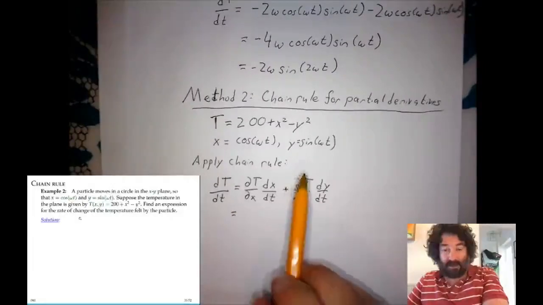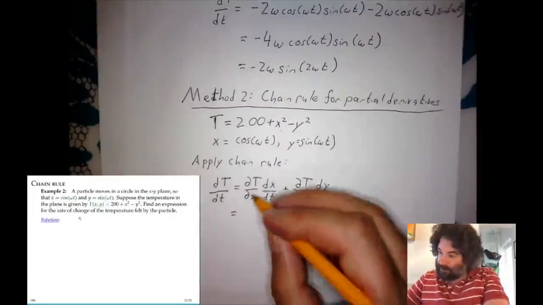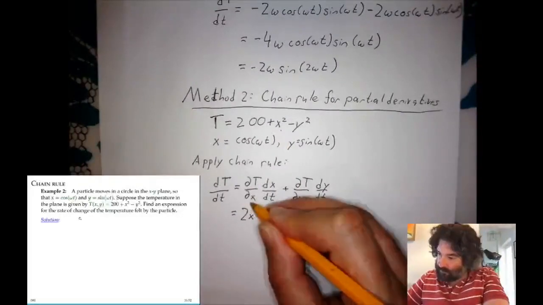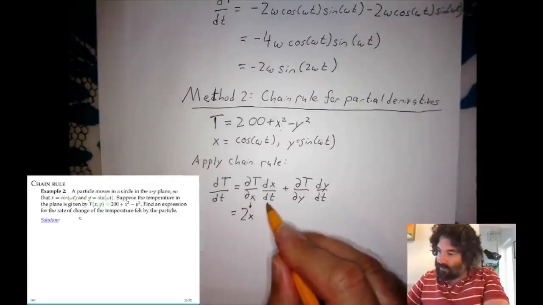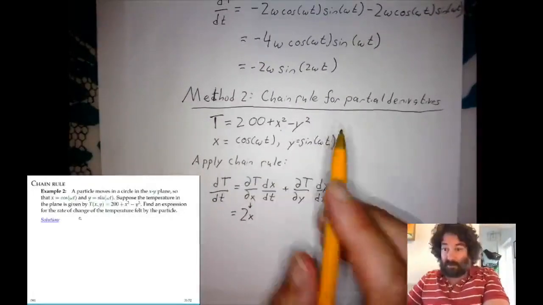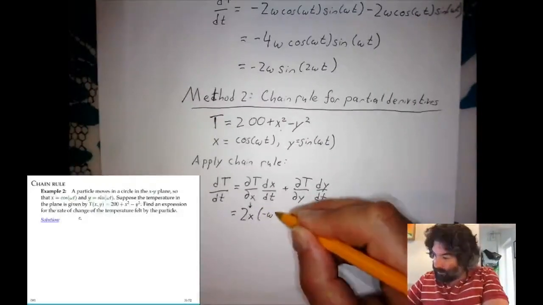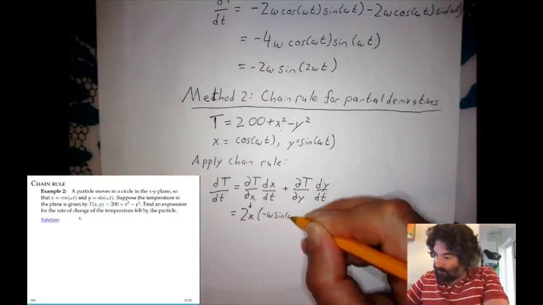And so now we just have to take these derivatives. So dT/dx is 2x. dx/dt is negative sine of omega t times omega. Negative omega sine of omega t.